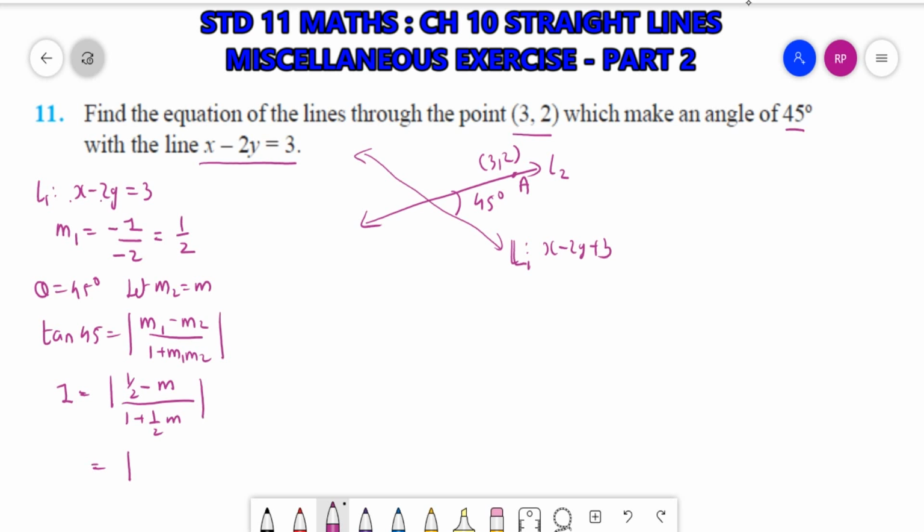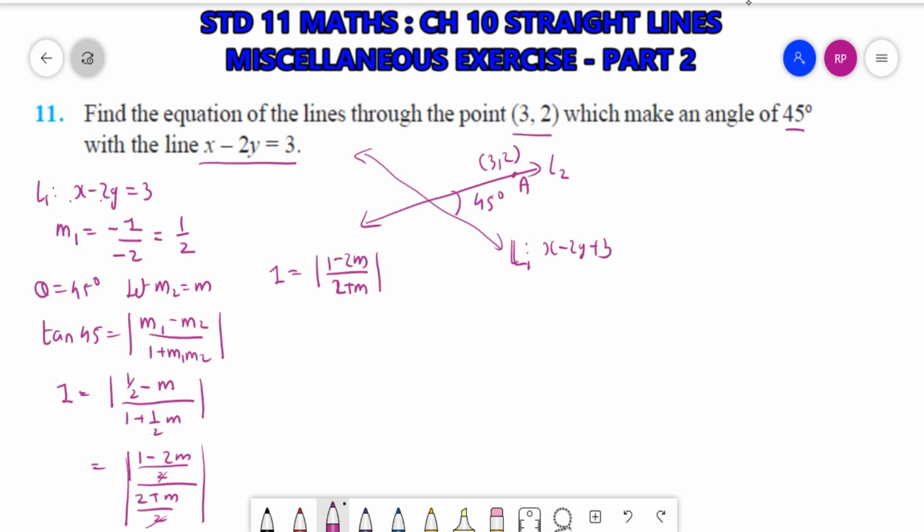This will be equal to 1 minus 2m, LCM will be 2, here 2 plus m upon 2. We will cancel, so 1 equals the modulus of (1 minus 2m) upon (2 plus m).